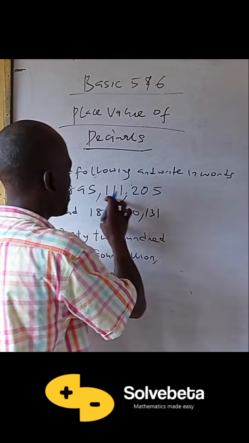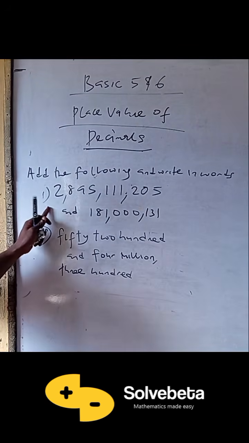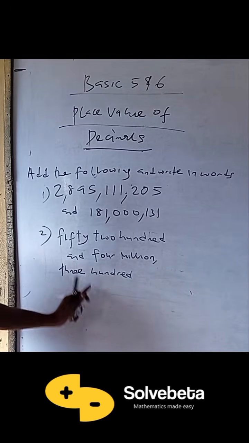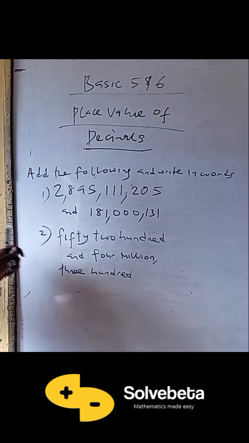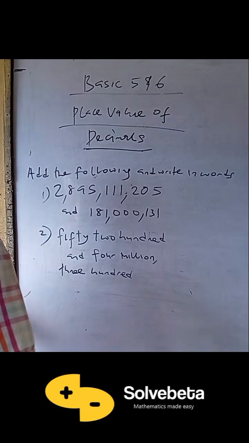Very necessary, please. This one is in numerals, but this one is already in words, so you need to add and write it in words. 305,000.